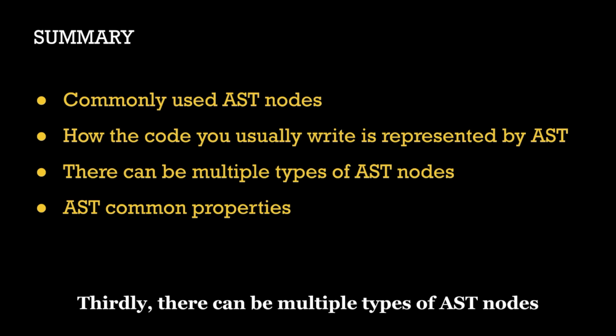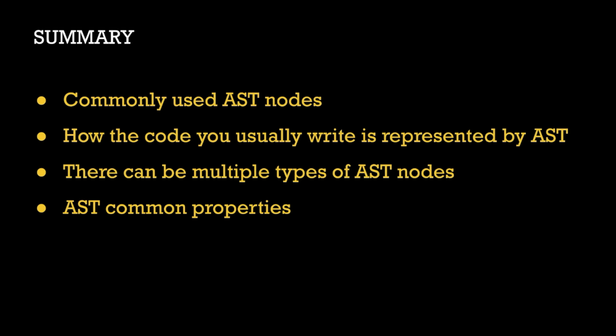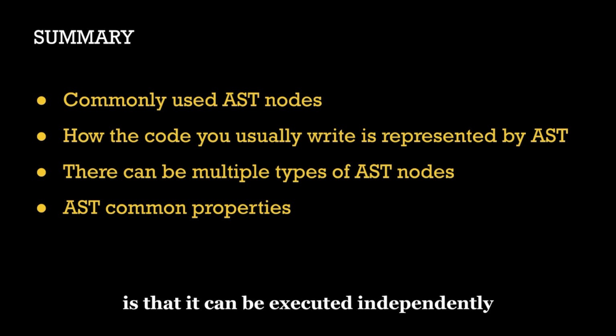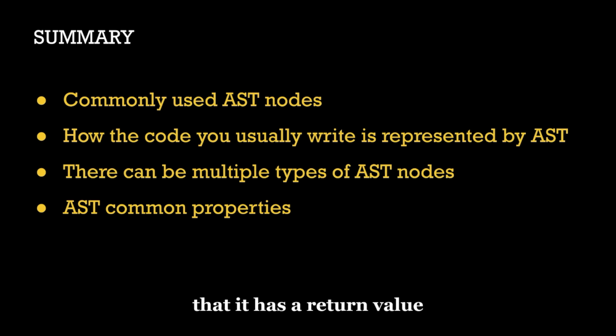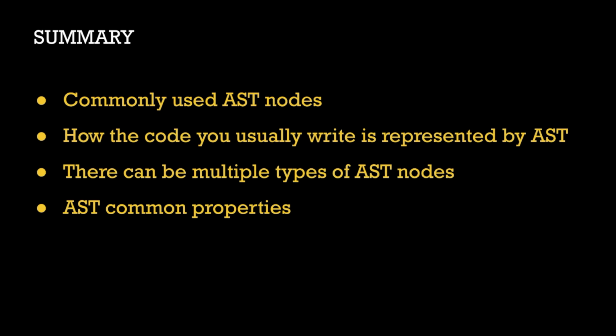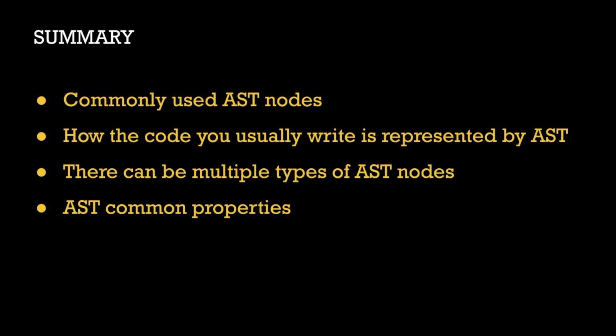Thirdly, there can be multiple types of AST nodes. Determining the type of an AST node mainly depends on its characteristics. For example, the characteristic of a statement is that it can be executed independently, and the characteristic of an expression is that it has a return value. So, some expressions that can be executed independently will be wrapped in an expression statement.